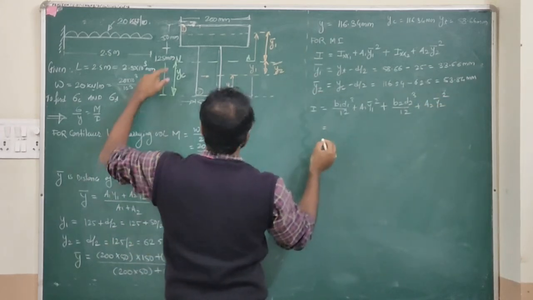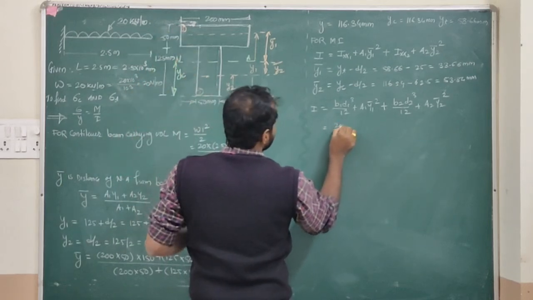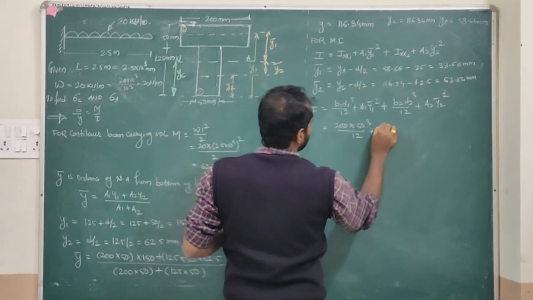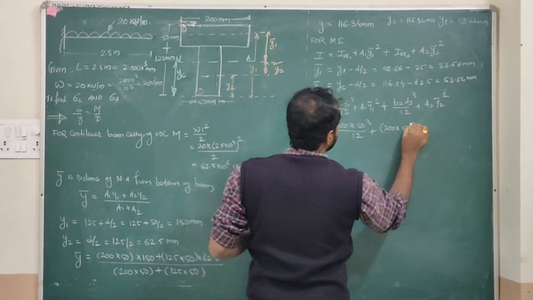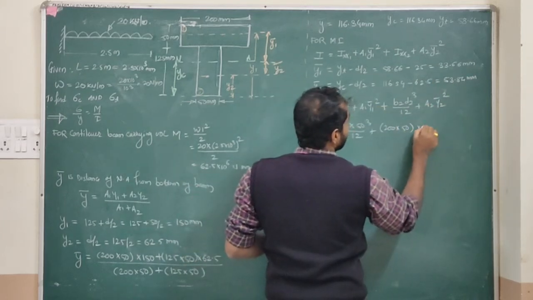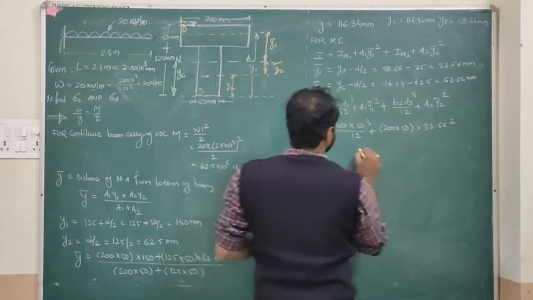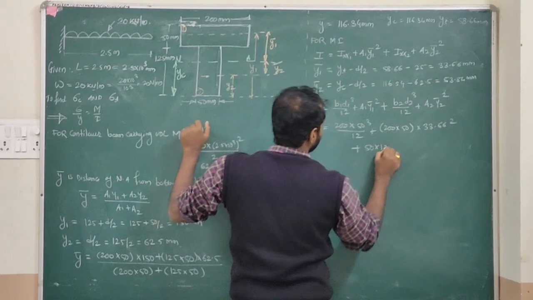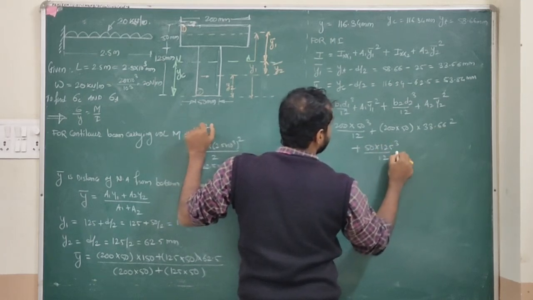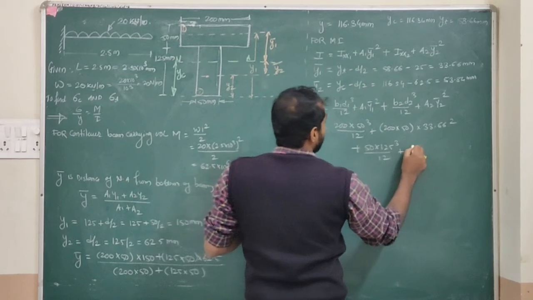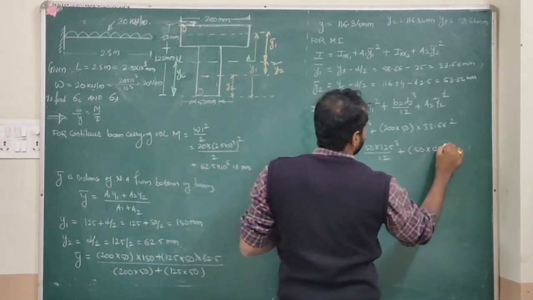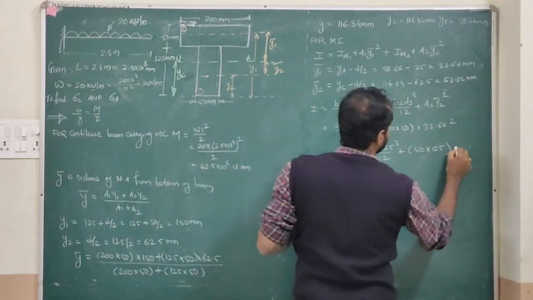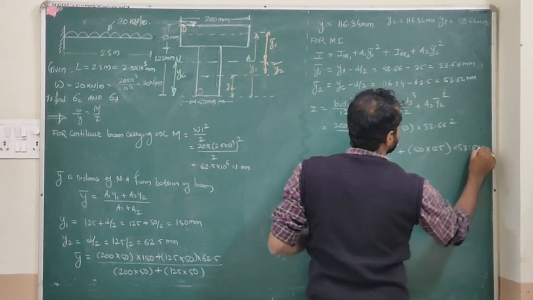Just put in the values: 200 into 50 cube divided by 12 plus area 200 into 50, y1 bar square, 33.66 square, plus the second, b2 is 50 into depth 125 cube divided by 12 plus a2, that is 50 into 125, into y2 bar square, 53.84 square.